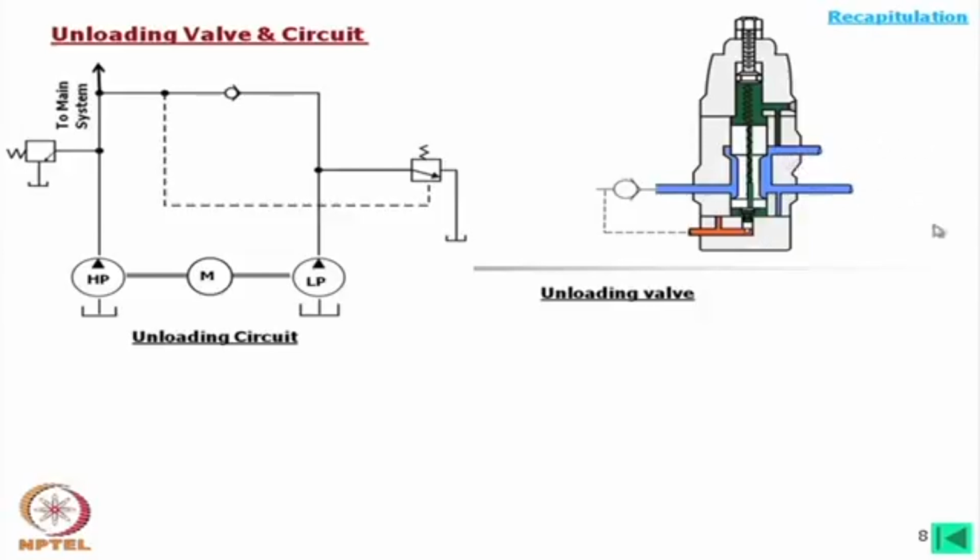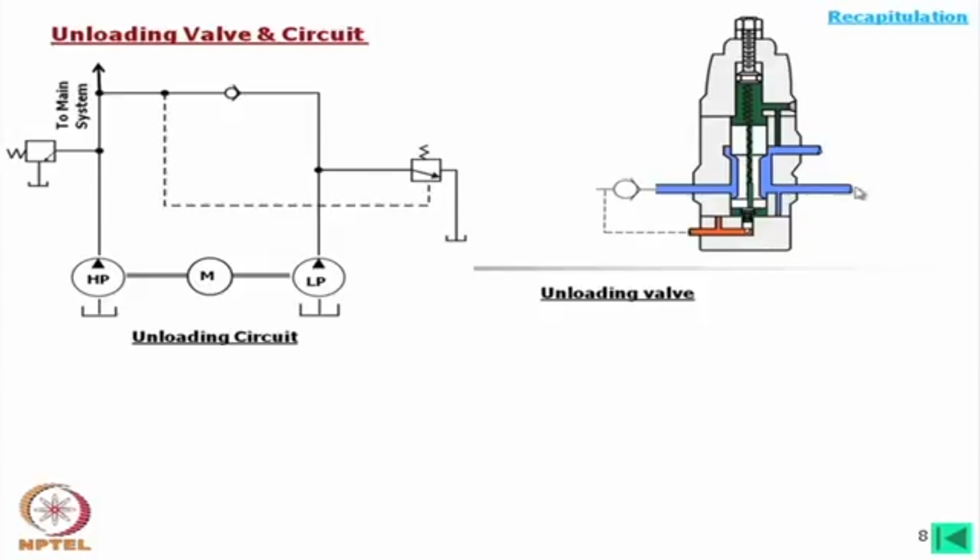I mean actually it is like that. This is one pressure line, if you remember the other side, this side, and this is also another line, the oil is coming like this, and when this exceeds some pressure, then this opens, all the oil goes back to the tank. So, this is called unloading valve.